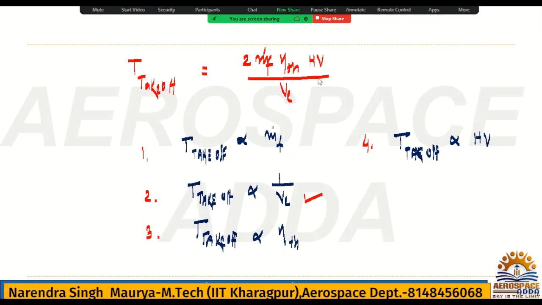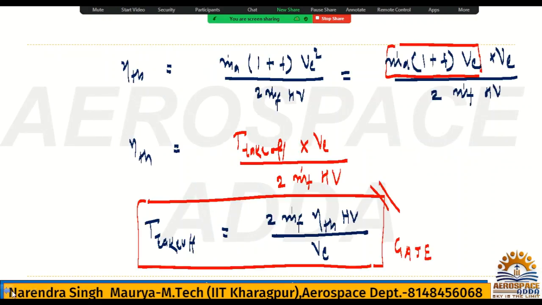Here now the result is in front of you. Takeoff thrust. Now by getting these 4 points, you can answer which engine will provide maximum takeoff thrust. If you check here, takeoff thrust is directly proportional to mass flow rate of the fuel. Let me check, yes, mass flow rate of the fuel.